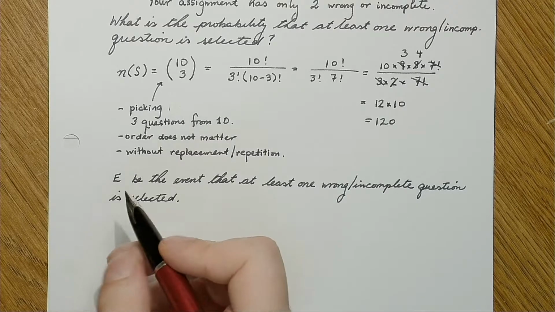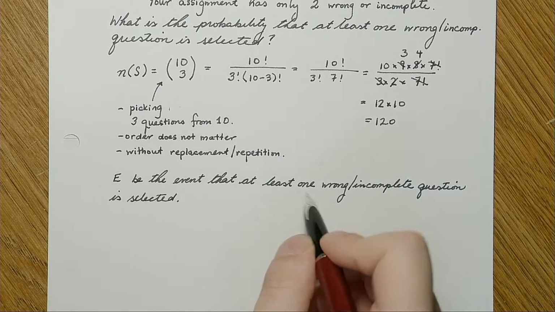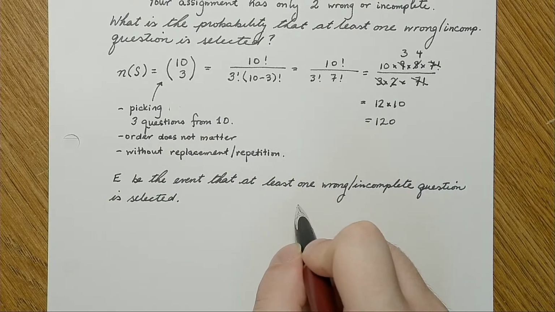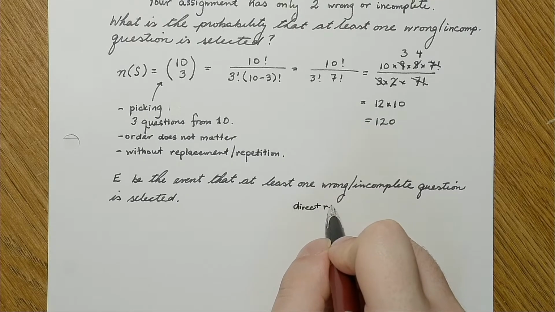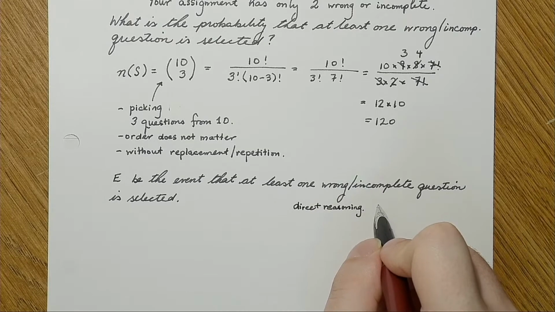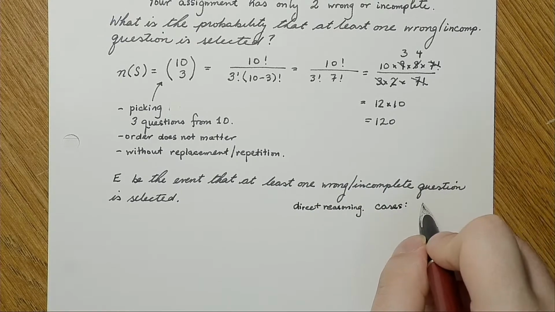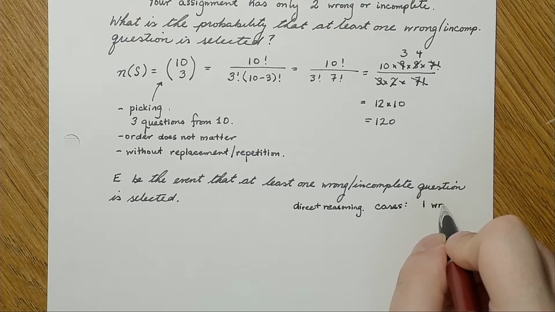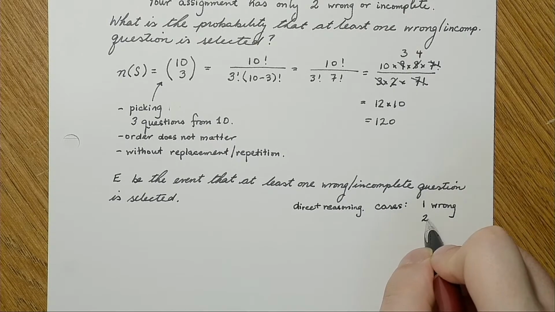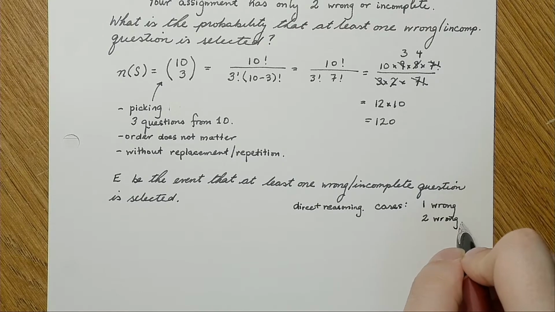So we could do this using direct reasoning. And that's where you would take cases. That's where you would look at one wrong question, or you could do two wrong. So there's two cases.